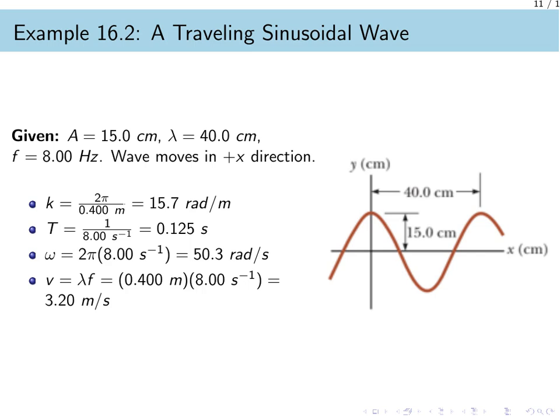The period is the inverse of the frequency, resulting in 0.125 seconds. The angular frequency is 2π times 8 Hz, or 50.3 radians per second. Finally, the wave speed is wavelength times frequency, which equals 3.2 meters per second.